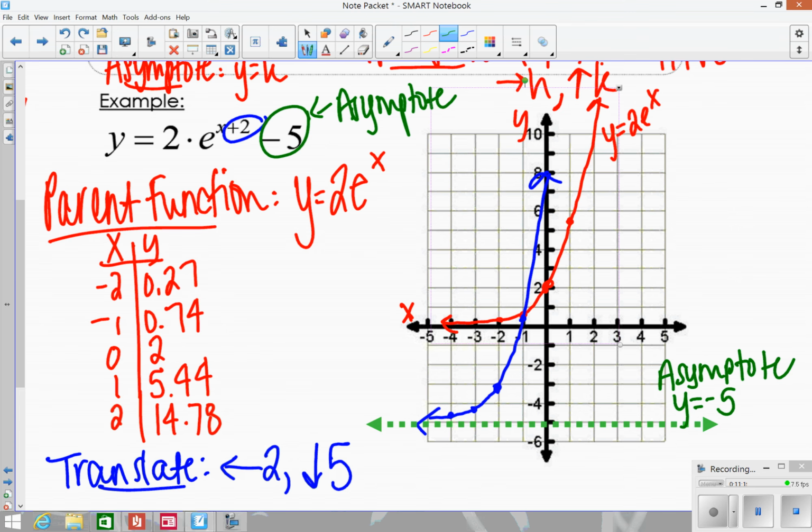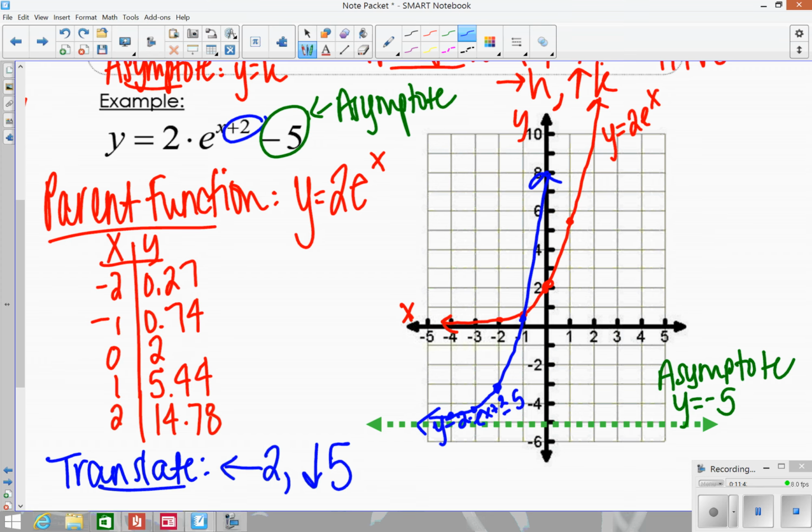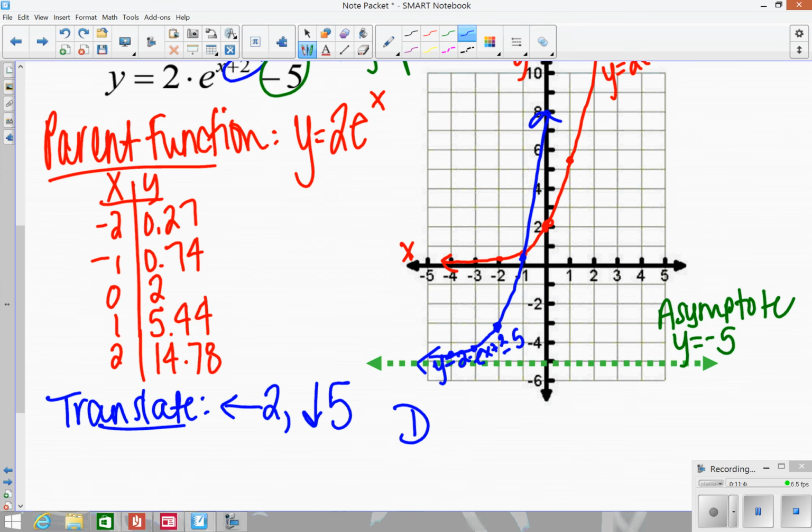And then my actual graph, I'm just going to label +2 -5.